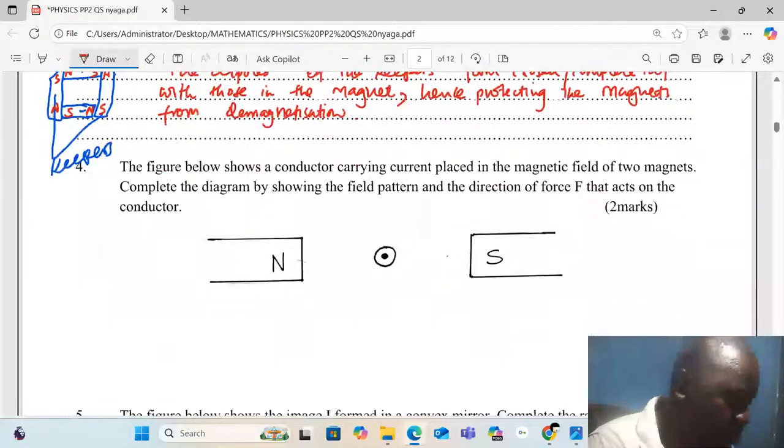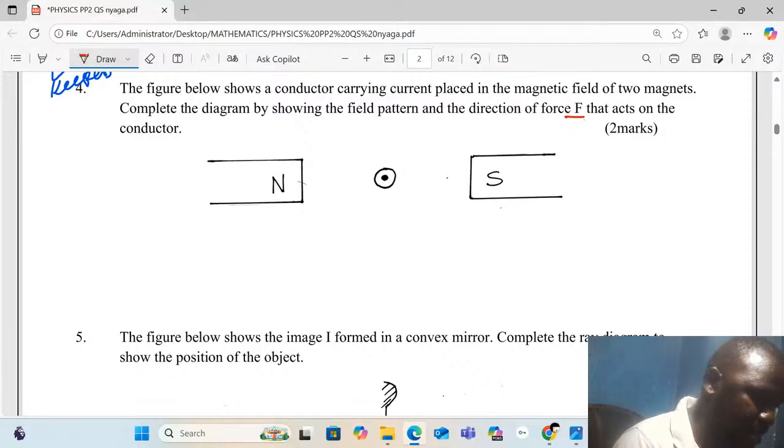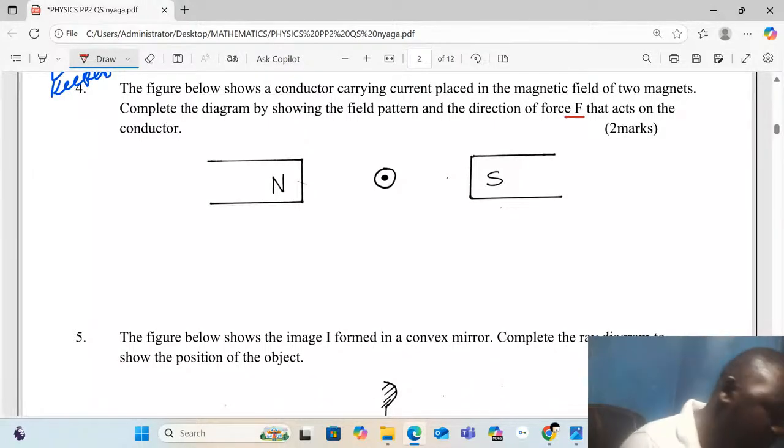We have question 4. The figure below shows a conductor carrying current placed in the magnetic field of two magnets. You are told to complete the diagram by showing the field pattern and the direction of the force F acting on the conductor. In this case, you apply Fleming's left-hand rule.